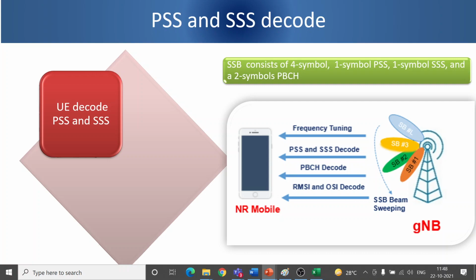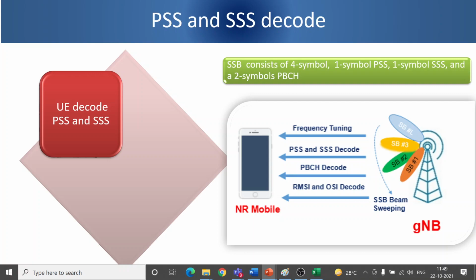As of now, the user equipment will not know what kind of modulation and what kind of packet will be coming. Those PSS and SSS are nothing but a certain sequence of numbers which is already known to the user equipment. SSS can have various sequences, and PSS can have various sequences, and those sequences are already available to the user equipment.